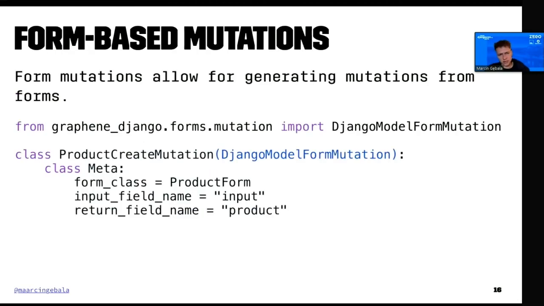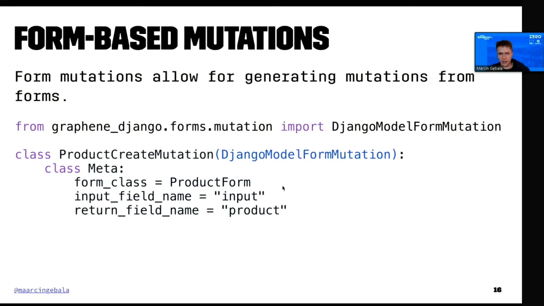So Graphene provides us with one abstraction that can be useful if you are using Django forms. So there are form-based mutations, and what they do is they take a form. So let's assume that we have a model form called product form, which we can use to create new products. So if we use this Django model form mutation, which is provided by Graphene Django, we could say here that this mutation should use this form.